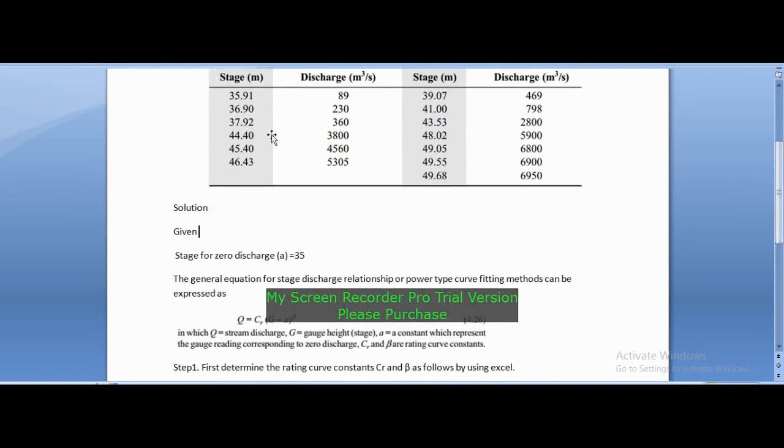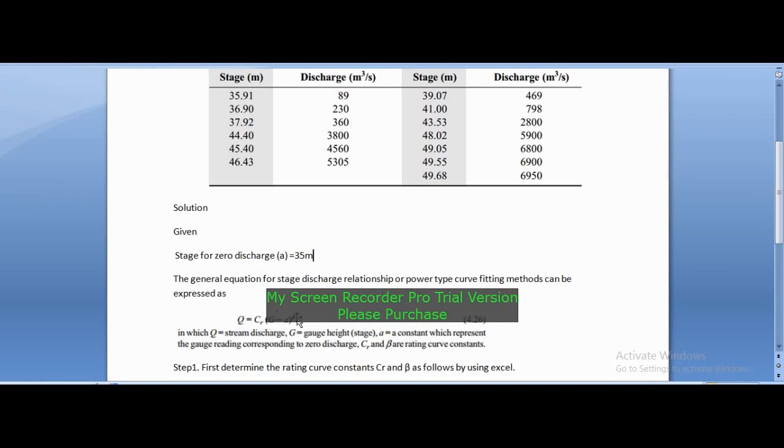In this given question, the stage for zero discharge is equal to 35 meter, and the discharge equation for the stage-discharge relationship, or power type curve fitting, can be expressed by this formula: Q is equal to CR open bracket G minus A close bracket to the power of beta.